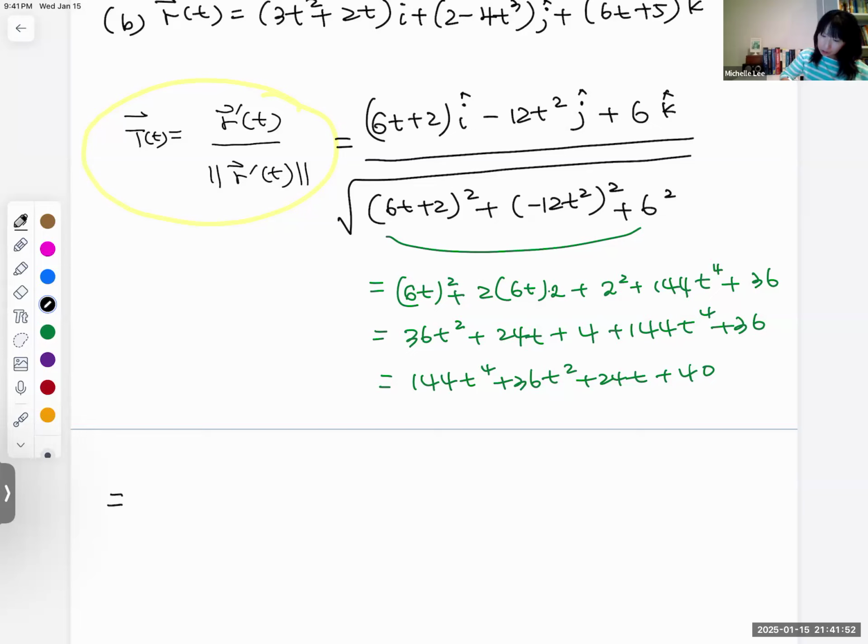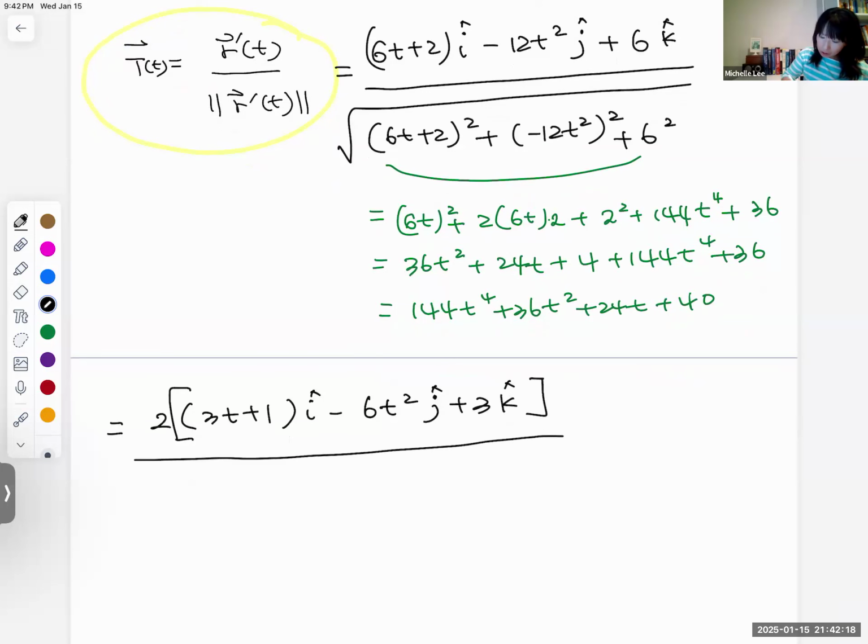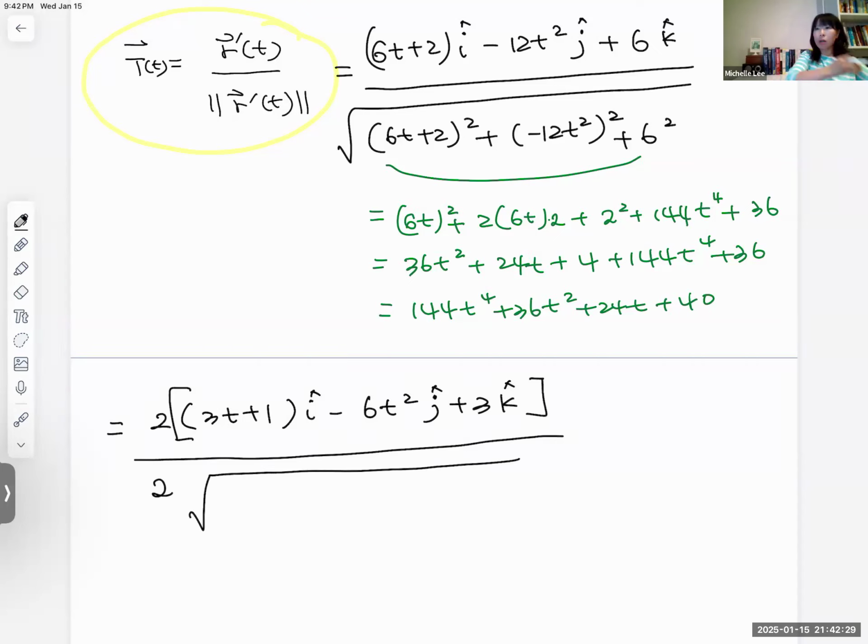So equal to 2 out: 3t plus 1 i minus 6t squared j plus 3k, over 2 times the square root. Then it's supposed to be 4 out then, right?